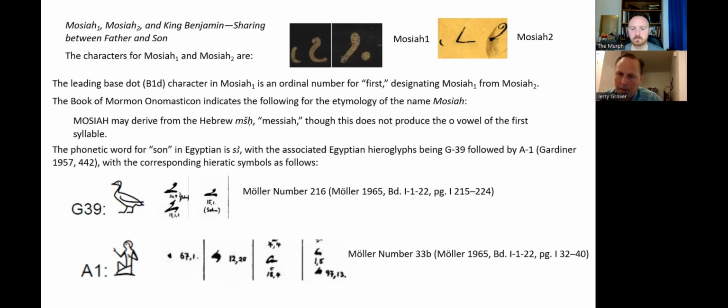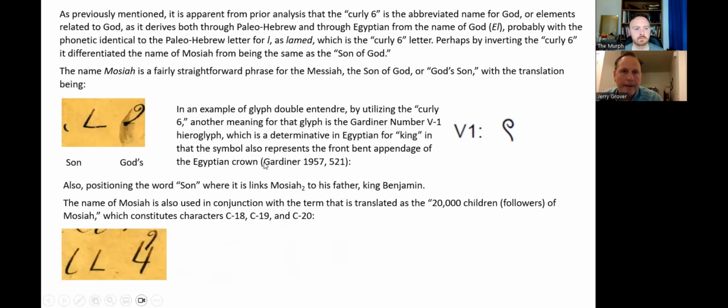They used hieratic for as long as the monumental hieroglyphs were used, so there were thousands of years of hieratic. As I previously showed, this curly six thing kind of means God.